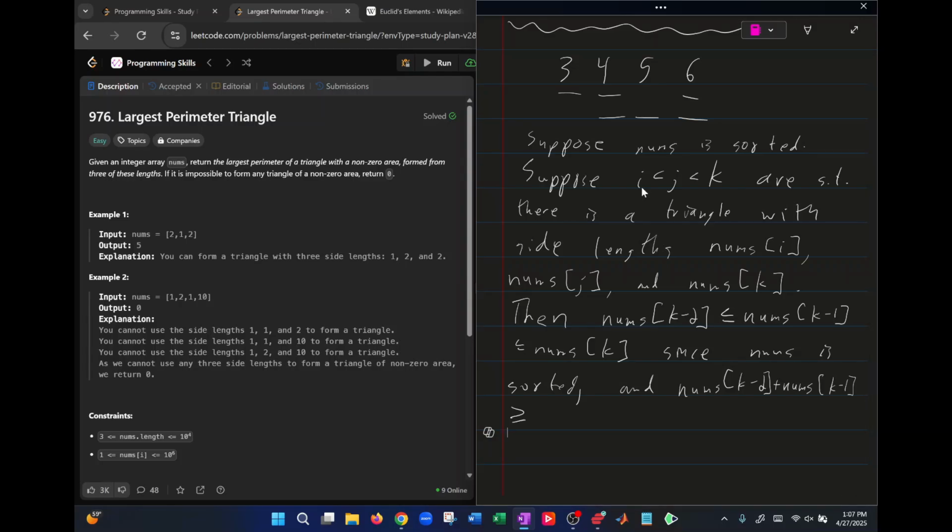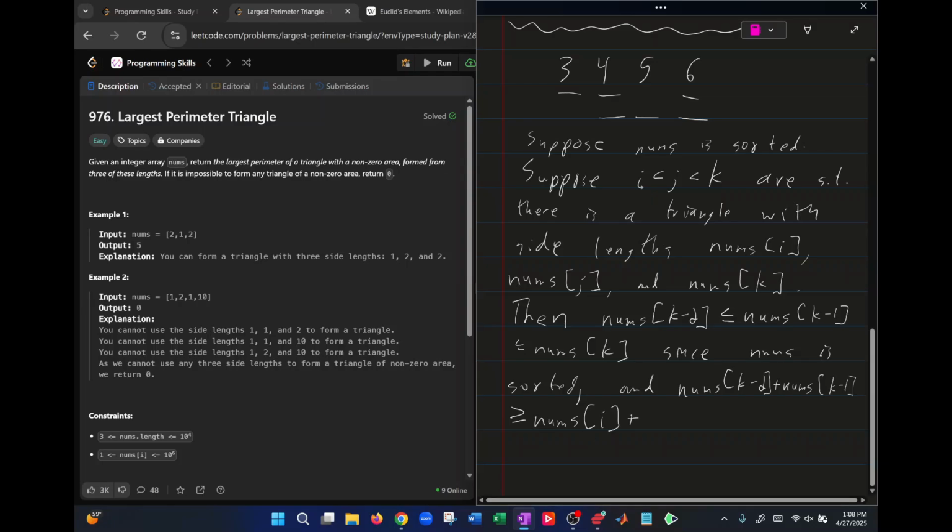So i is less than or equal to k minus 2, and since nums is sorted, that means nums i is less than or equal to nums k minus 2.